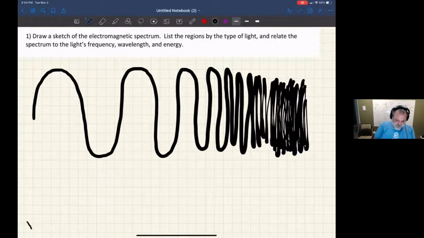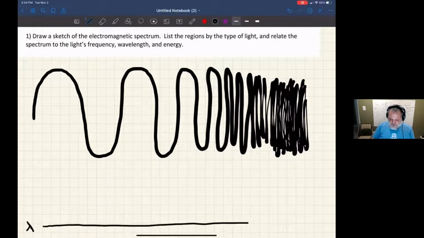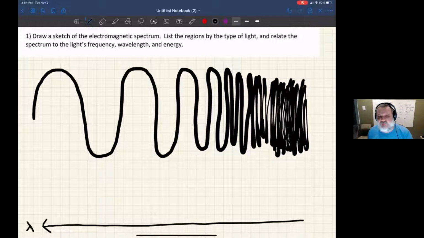So what about wavelength? Is wavelength getting smaller from left to right or larger from left to right? Well, it's getting smaller from left to right. That means it must get bigger from right to left. Now, frequency, nu, is opposite of wavelength.